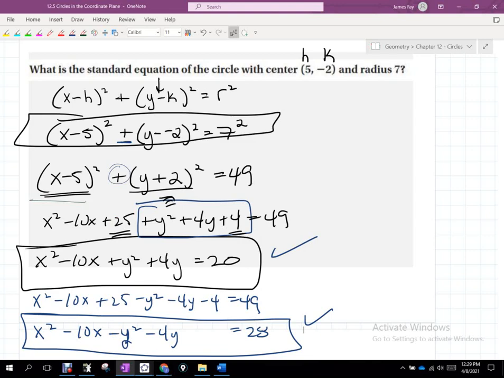But if I graph that thing right there, let's see here.